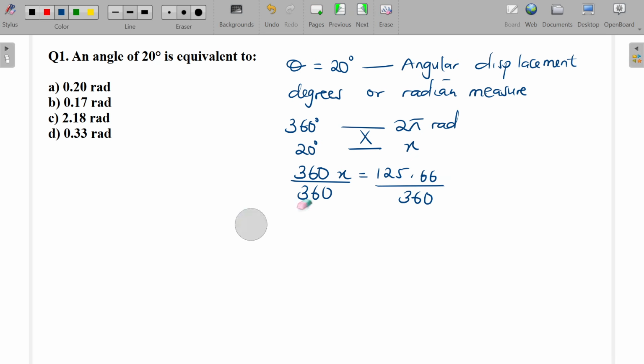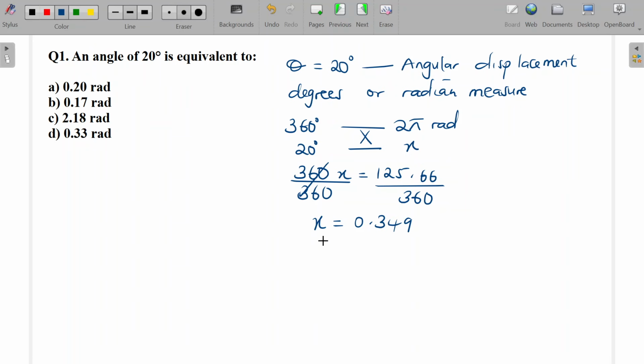Okay, so when you divide by the 360, you're going to find that your angular displacement in radian measure is just 125.66 divided by 360, and it's going to give you 0.349.